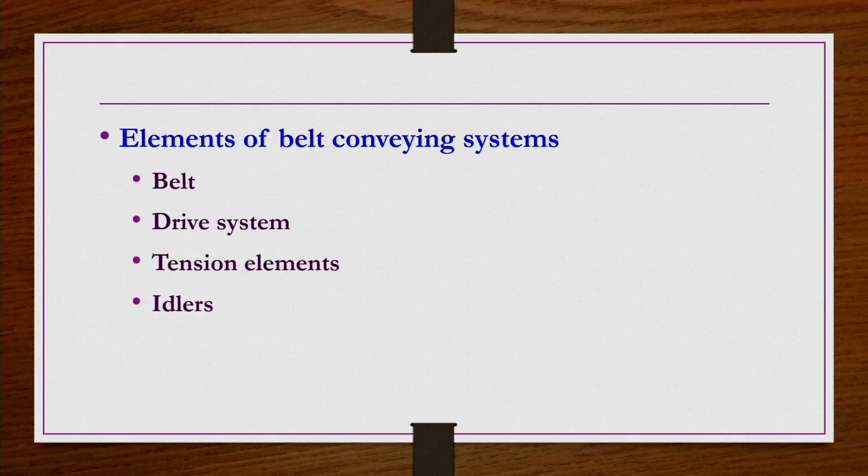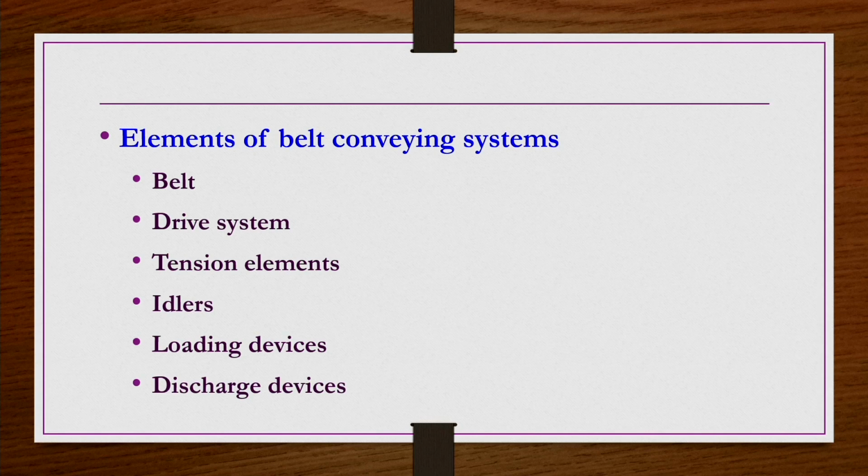Then idlers are very important, because these belts are supported on idlers. Then you should have proper loading devices to load the material onto the belts, and through the belt it will be discharged to some other location. So you need proper discharge devices as well. These are the main important elements of a given belt conveying system.